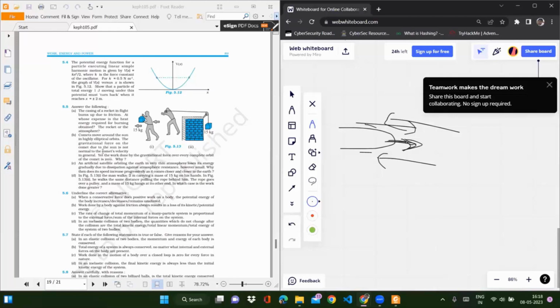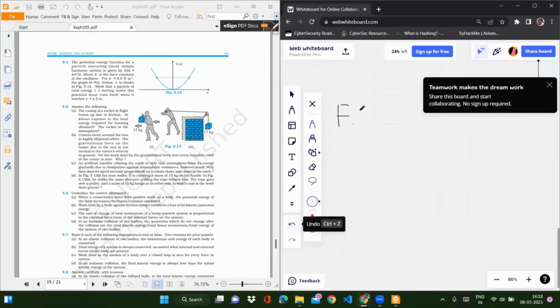And it is also said that the gravitational force is not always normal to the comet's velocity. Now in this case, one might think that the work done might be zero because it is given by Fs cos theta, F dot S, the dot product of the force vector and the displacement vector.